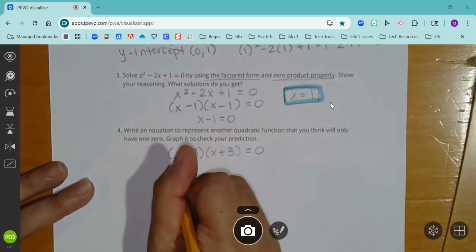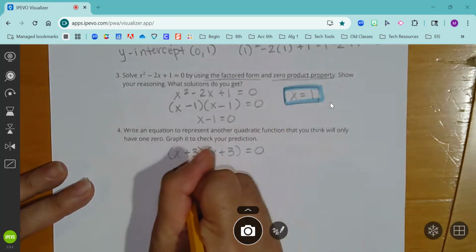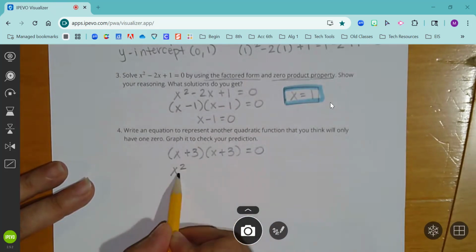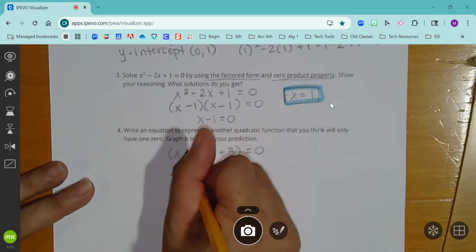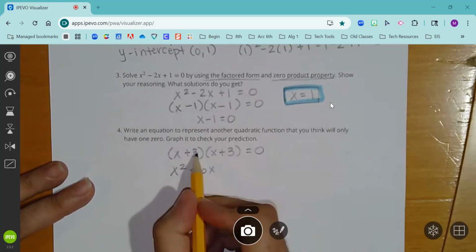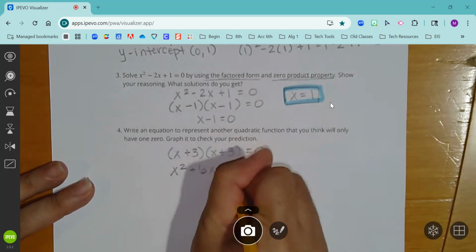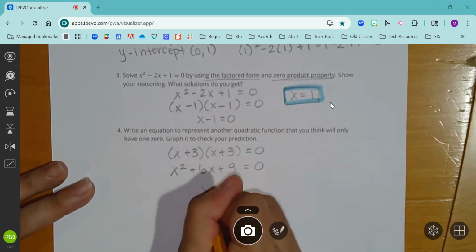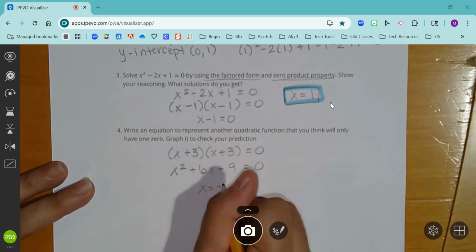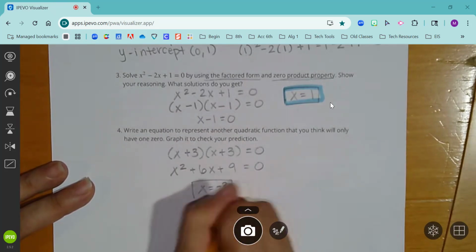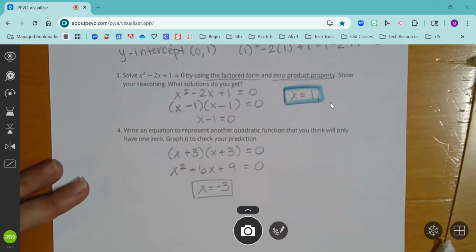And then I'm just going to multiply it out in standard form. So x times x is x squared, 3 plus 3 is 6x, and then 3 times 3 is 9. It should get me -3 as my answer if I did this correctly.